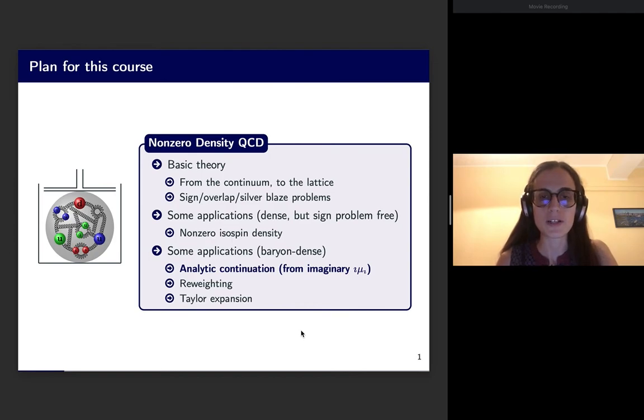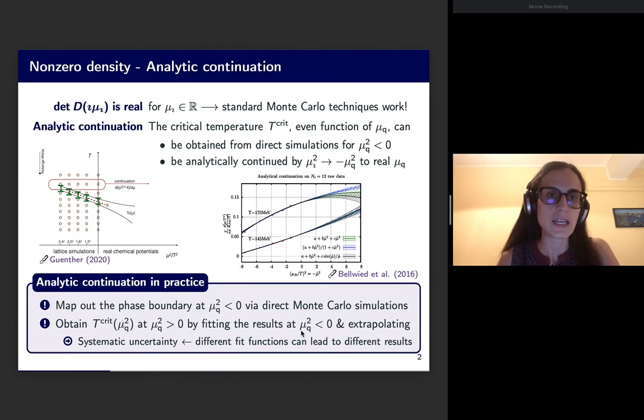So this is our first baryon dense, in a sense, application. And it works in the following way.